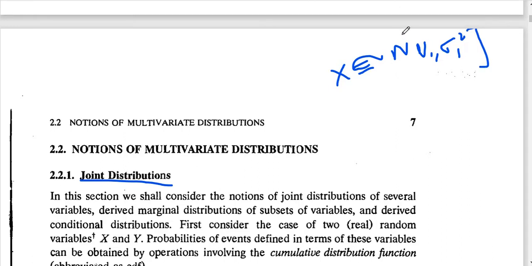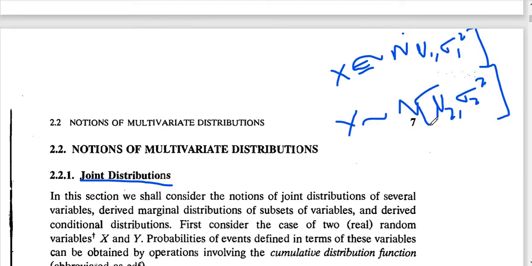I am taking y as another variable, which follows a normal distribution with mean mu2 and variance sigma 2 squared. Now I need to find the distribution of x plus y. This case we already discussed, but it comes under a different case. First, how do we find x plus y?